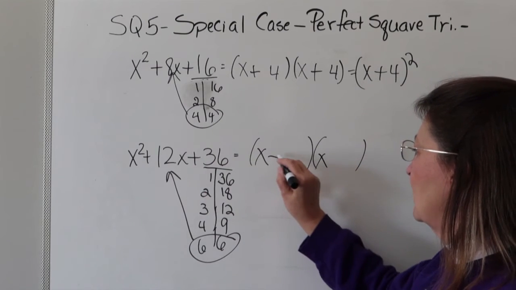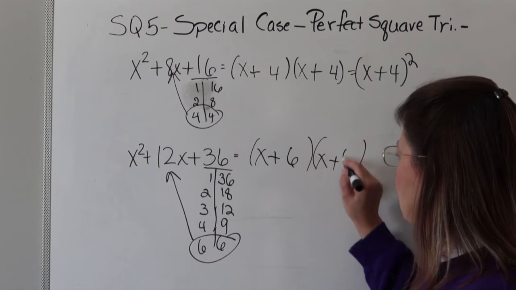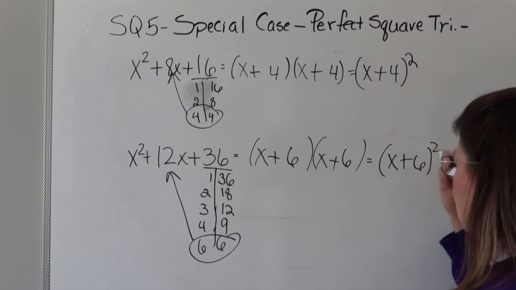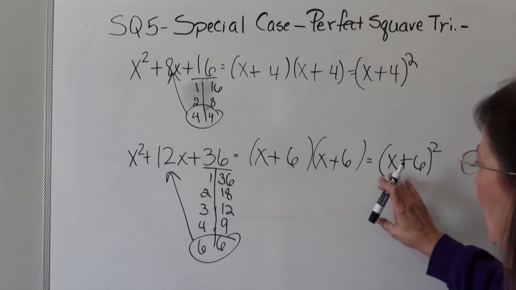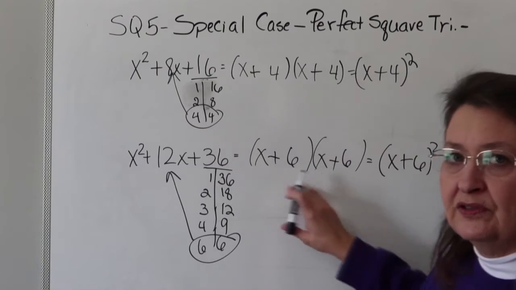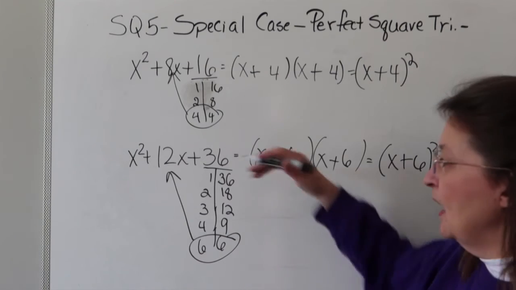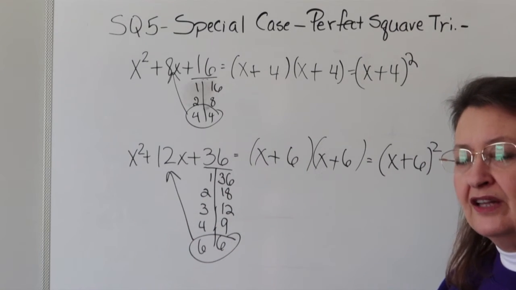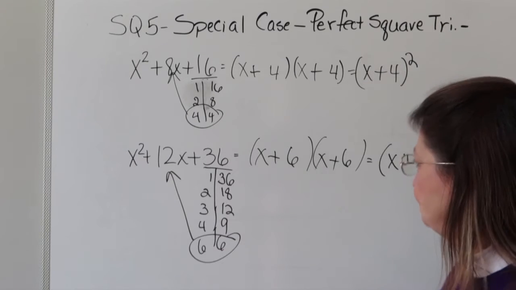Since this is a plus sign, I've got plus and plus. And then 6 and 6. This could also be written x plus 6 squared. So that's our special case here, is when you wind up with 2 binomials that match. These come from a trinomial that's a perfect square trinomial. So let's look at the formula, and I'll show you how to recognize one.